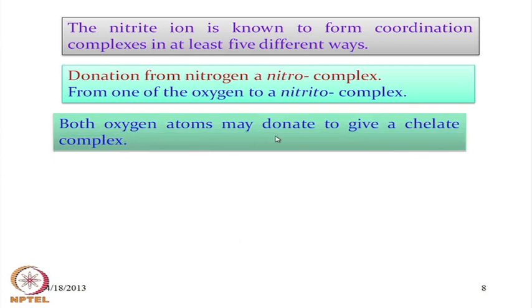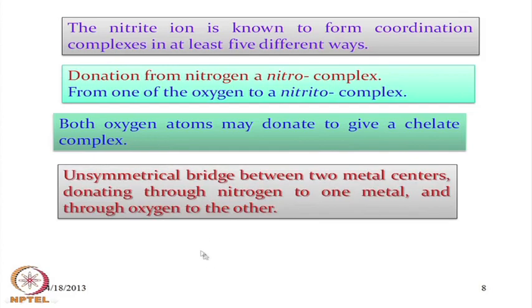When both the oxygen atoms can donate to the metal center, it can find its position as a chelate complex. Though it is not so easy and more examples are not there, in some cases these can function as a chelating ligand by binding through both the oxygen atoms, because for nitrate it is well known, but for nitrite it is not so easy to get, but it can show the corresponding binding in chelating form. Then we can have the unsymmetrical bridge between 2 metal centers, donating through the nitrogen to one metal and through oxygen to the other.